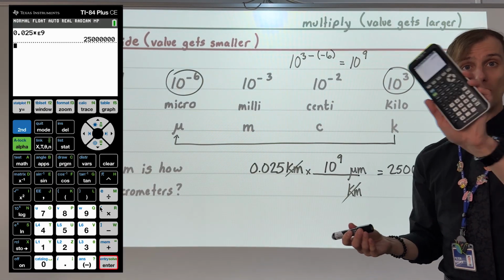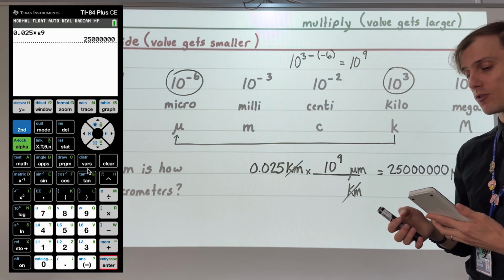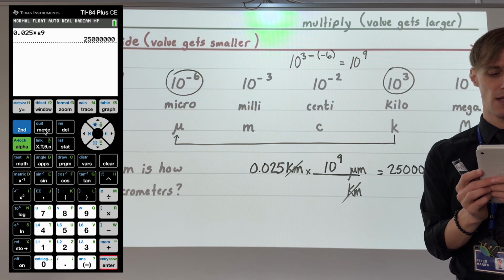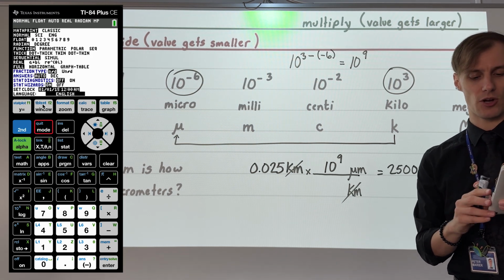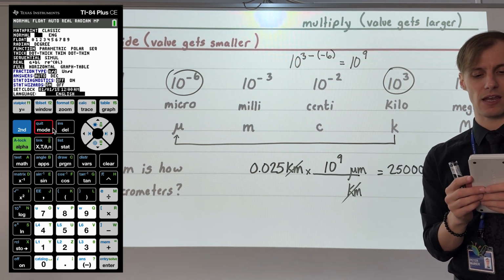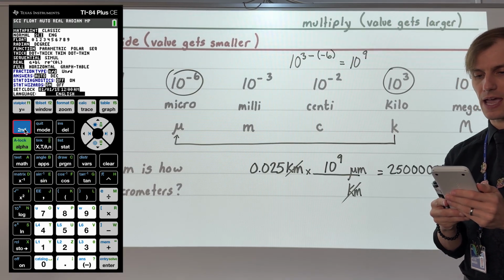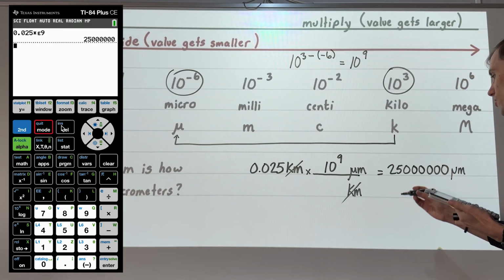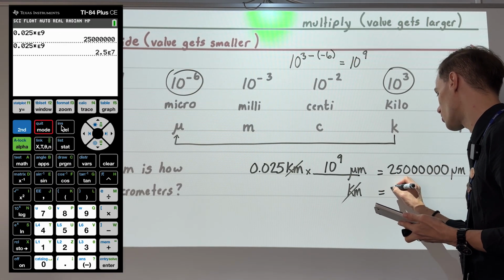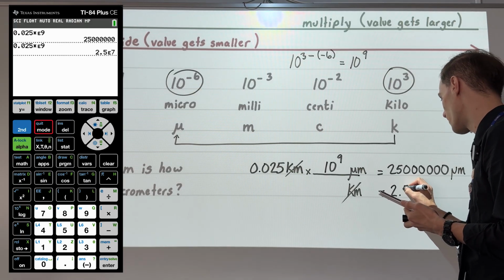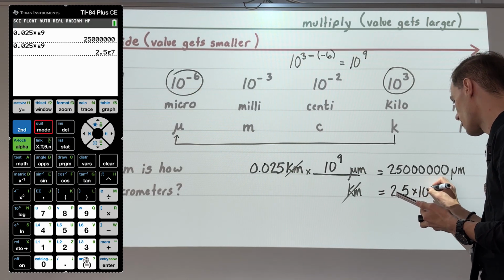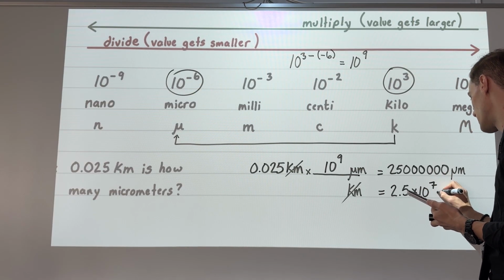Luckily, your calculator can actually convert for you. You're going to hit mode, and then science, and then second function mode to quit, and hit enter, and this will convert the number for you. So this also equals 2.5 times 10 to the 7 micrometers.